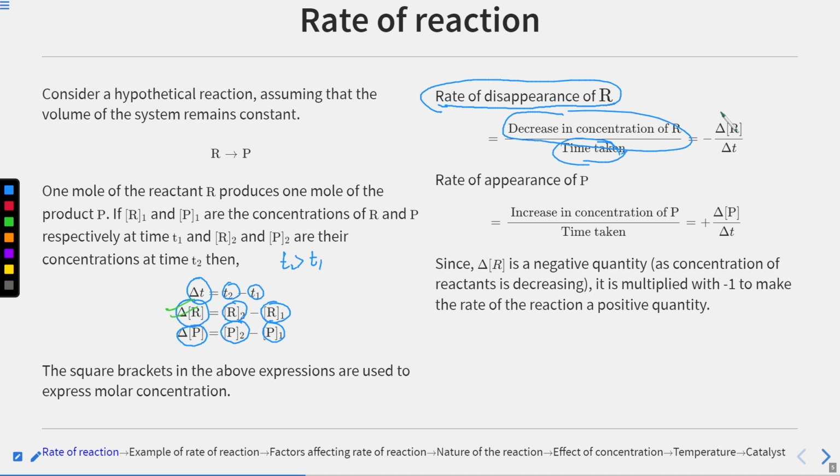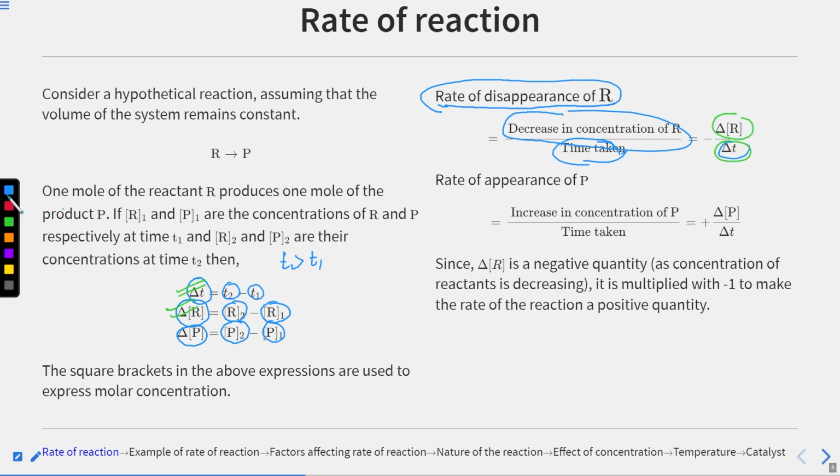That would be delta R. And the time that was taken to see this concentration change is represented by delta T, which is T2 minus T1. Therefore, the formula becomes change in concentration of reactant by time taken.